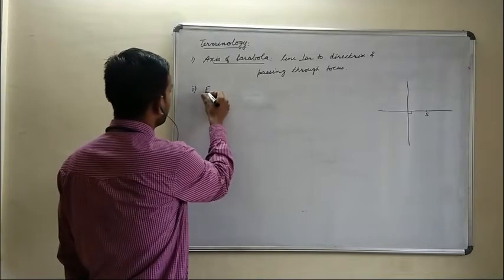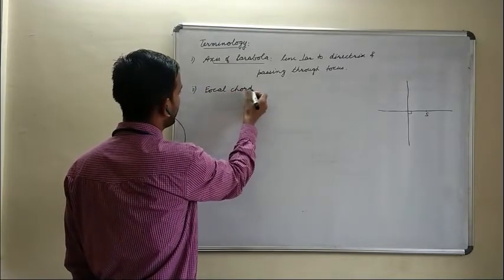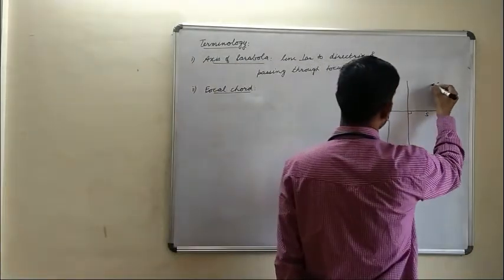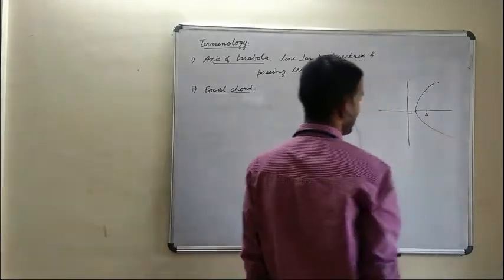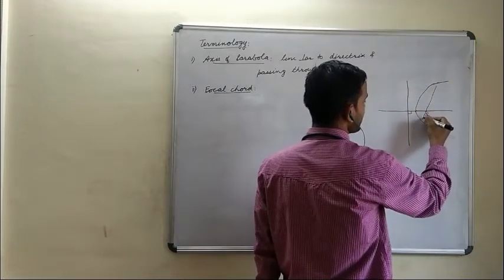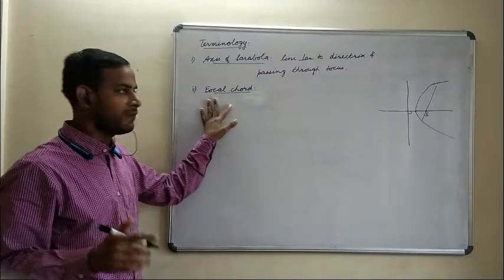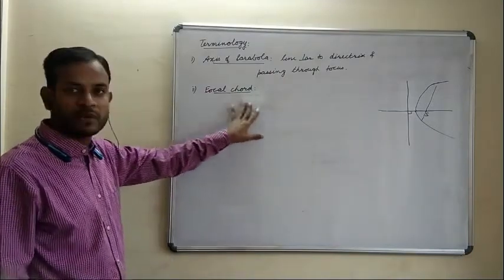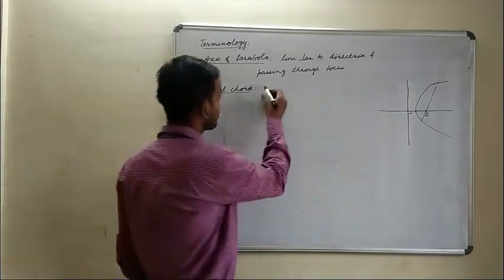Okay, the second is focal chord. Okay, so if this is the path traced by point P, this is parabola. Okay, so any chord of the parabola, as the name suggests, according to the name we can predict its definition. So as the name suggests, any chord of the parabola which passes through focus is a focal chord.